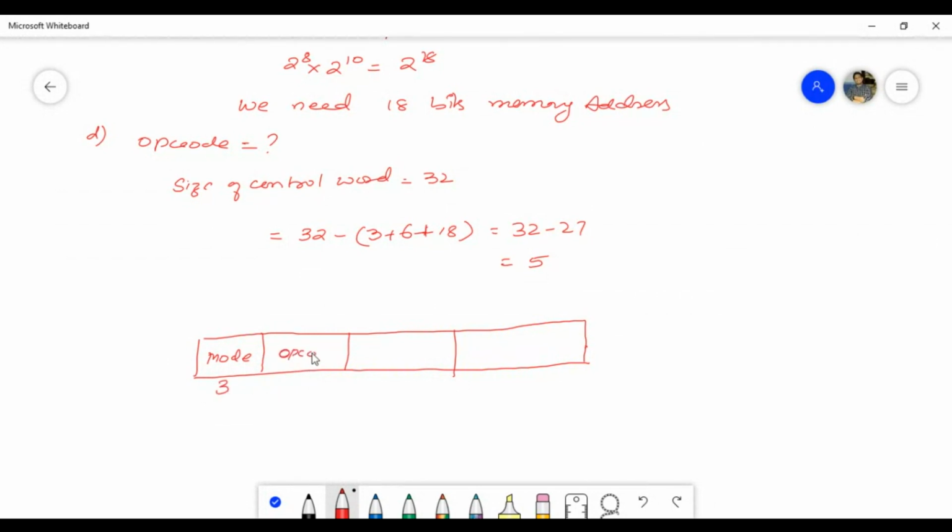Opcode is 5, register address is 6 and memory address is 18. When you add all this together, it becomes 32. This is the size. So we calculated the opcode. It is 5. Okay, is that clear?